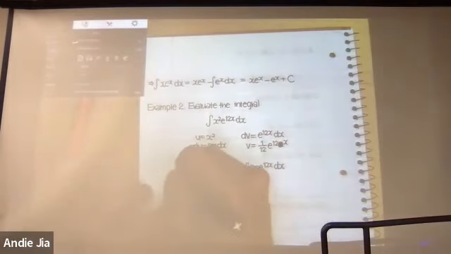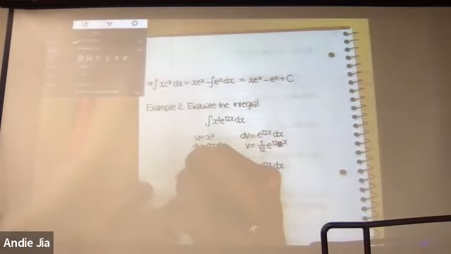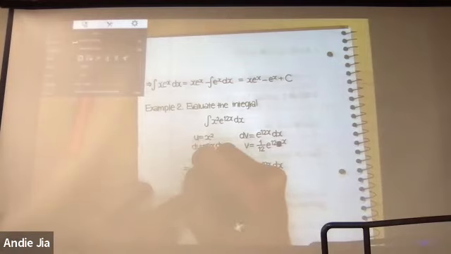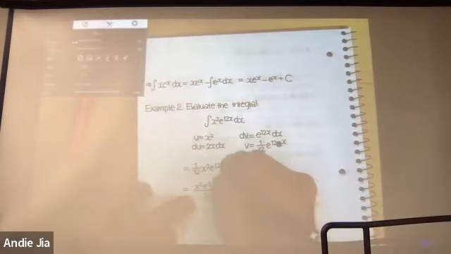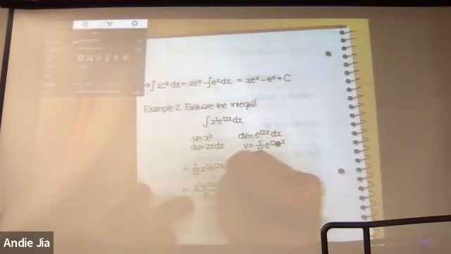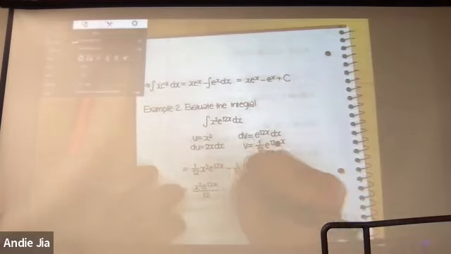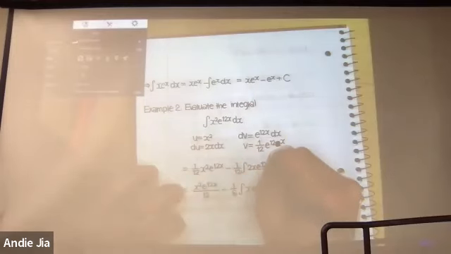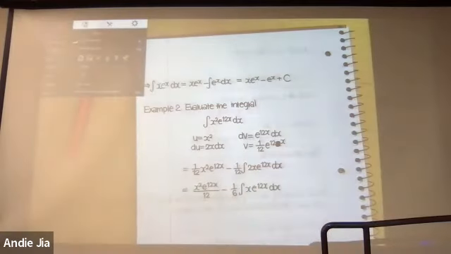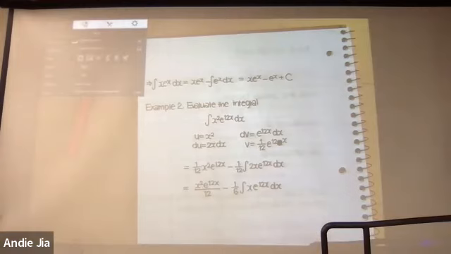So we just write x squared e^(12x) over 12 minus 1/6 times the integral of x e^(12x) dx. In this case, we need to let u equal x because du will be a lot nicer.